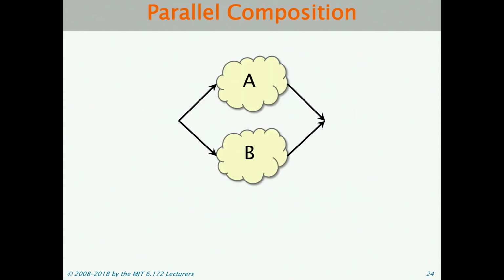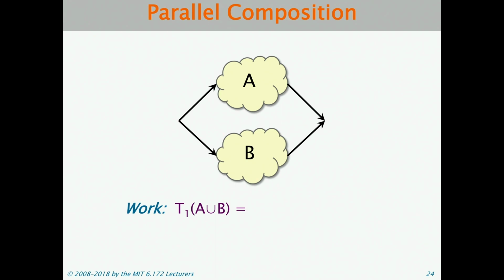What if I do parallel composition? So let's say here I'm executing the two computations in parallel. What's the work of A union B? So it's not going to be the maximum. Yes?